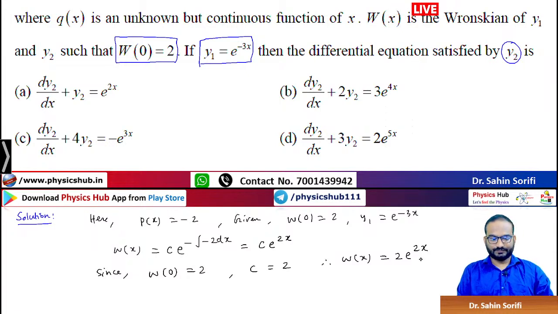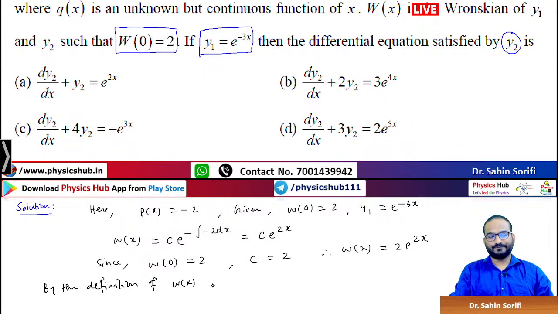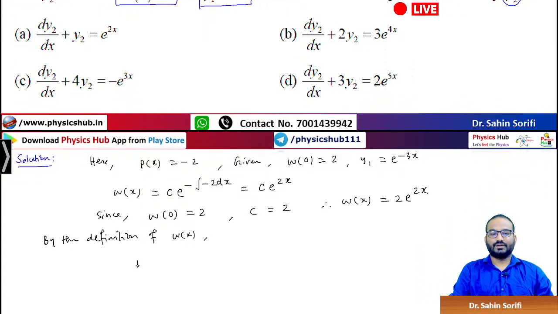Option D needs change. What change? By the definition of the Wronskian, we can write W of x, this is equal to the Wronskian of y1 y2.